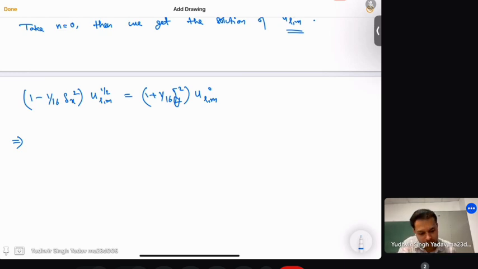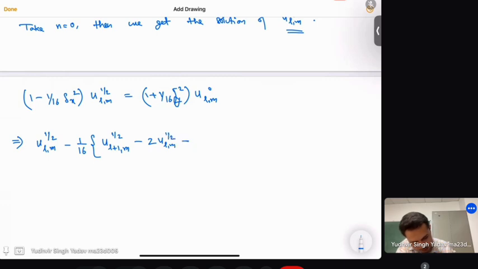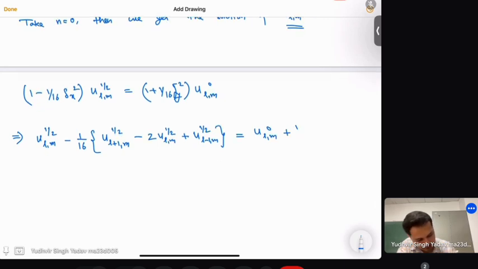On expanding these, we will get u_l,m at half minus 1 by 16, expanding this, we will get u_l+1,m half minus 2 u_l,m half plus u_l-1,m half equals to u_l,m at 0 time step plus 1 by 16 u_l,m+1 0 minus 2 u_l,m 0 plus u_l,m-1 at 0 time level.